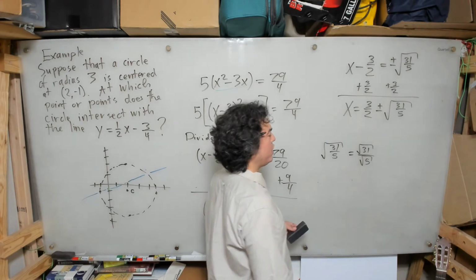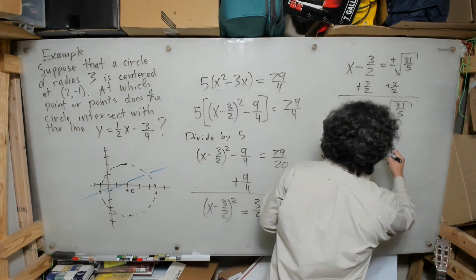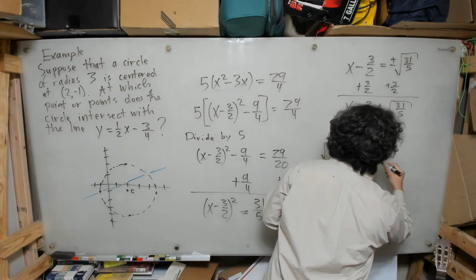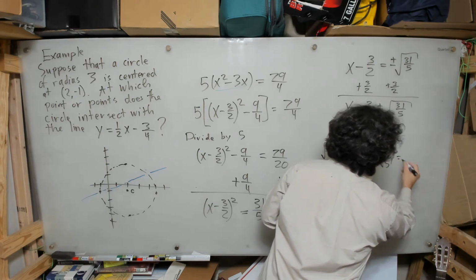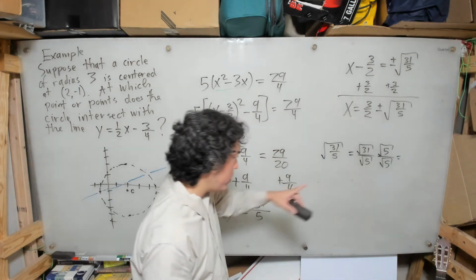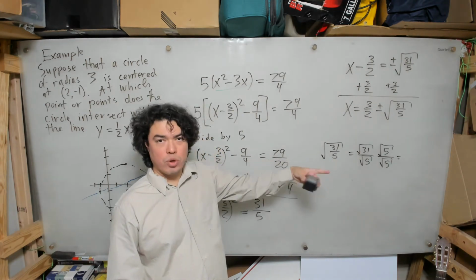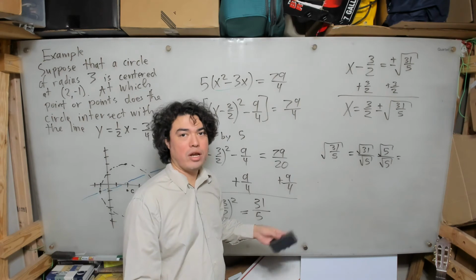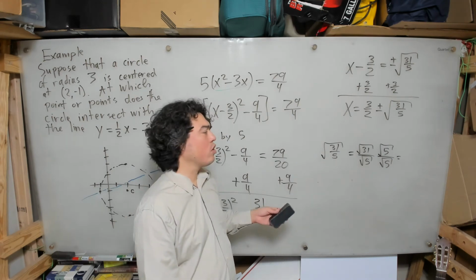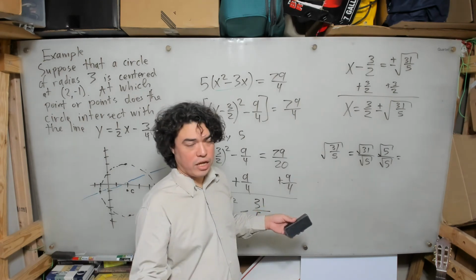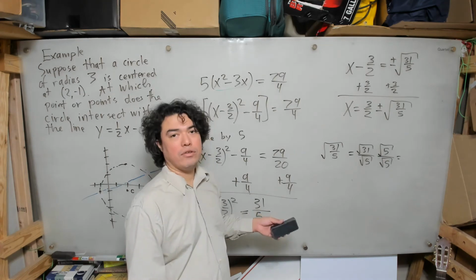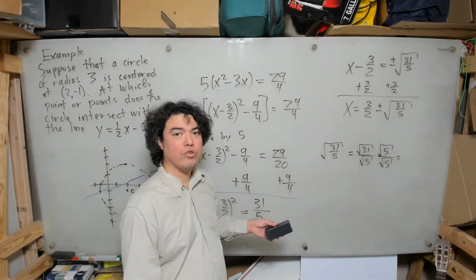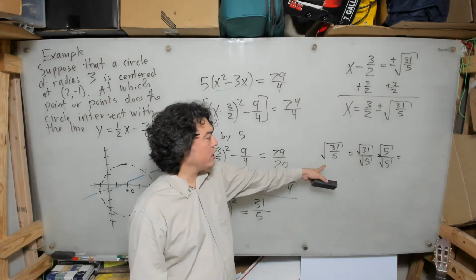So to do that, I'm going to multiply the top and bottom here by the square root of 5. So this is one of those moments where we have a fraction that equals 1, square root of 5 divided by the square root of 5, and it's in a context where we're not adding fractions, but we're doing it to accomplish a different goal.